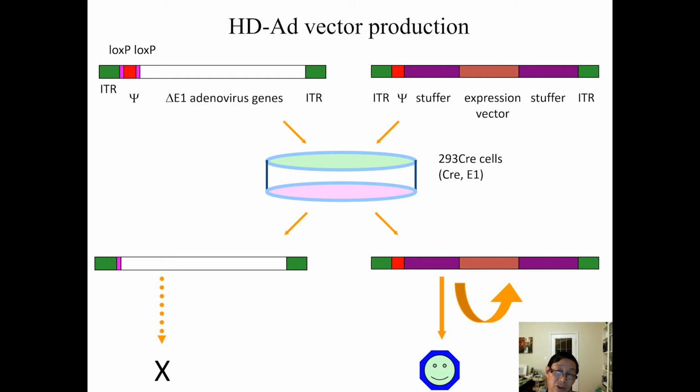The vector system we call helper-dependent adenoviral vector. I have to declare this is not our invention, and we just use the system. I'd like to emphasize that the helper-dependent adenoviral system is not the same as the adenoviral system, because in this vector we don't have any viral genes.